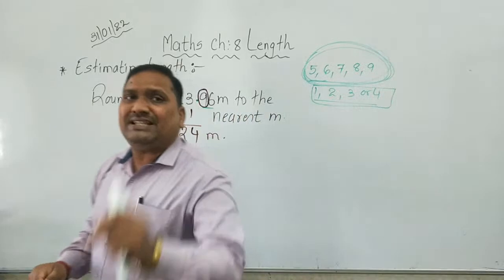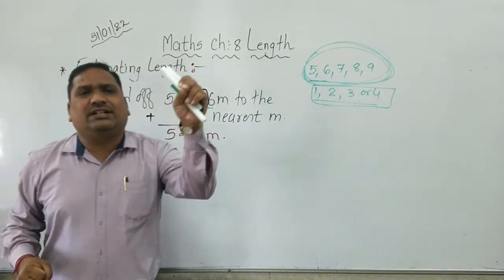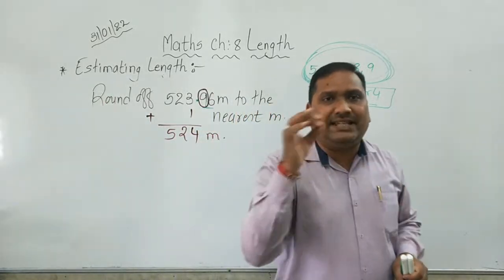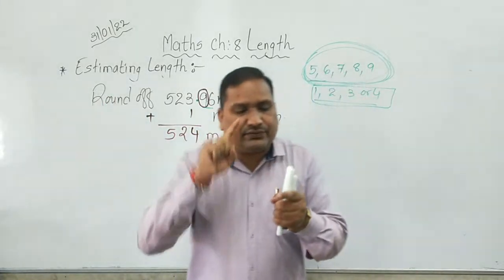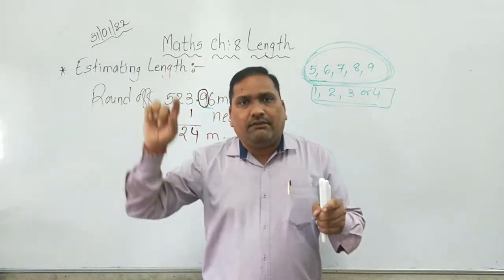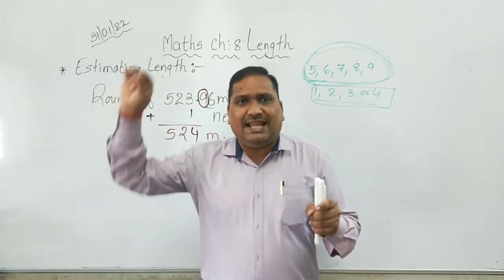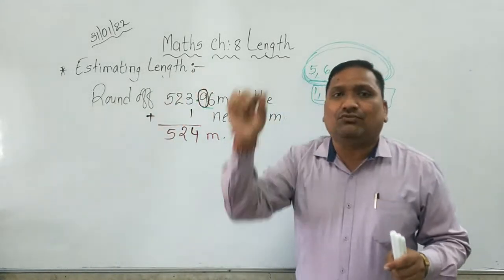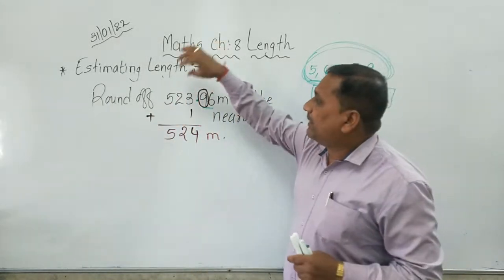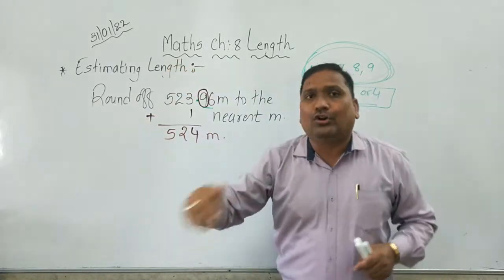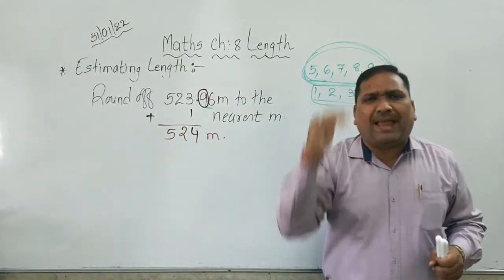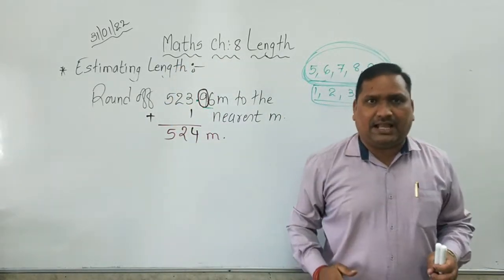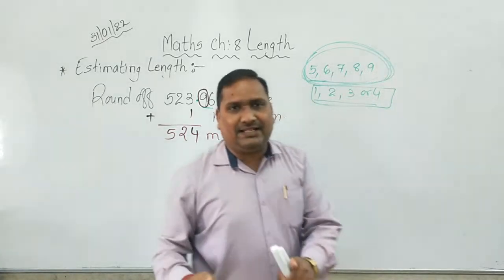The digit which has been given after decimal. अगर decimal के बाद में जो digit दी गई है, whether it is 5, 6, 7, 8 or 9, that means we have to increase 1 in whatever number has been given before decimal. decimal के पहले जो भी नंबर दिया गया है उसमें हमें 1 ऐड करना है. क्या करना है? 1 ऐड करना है.